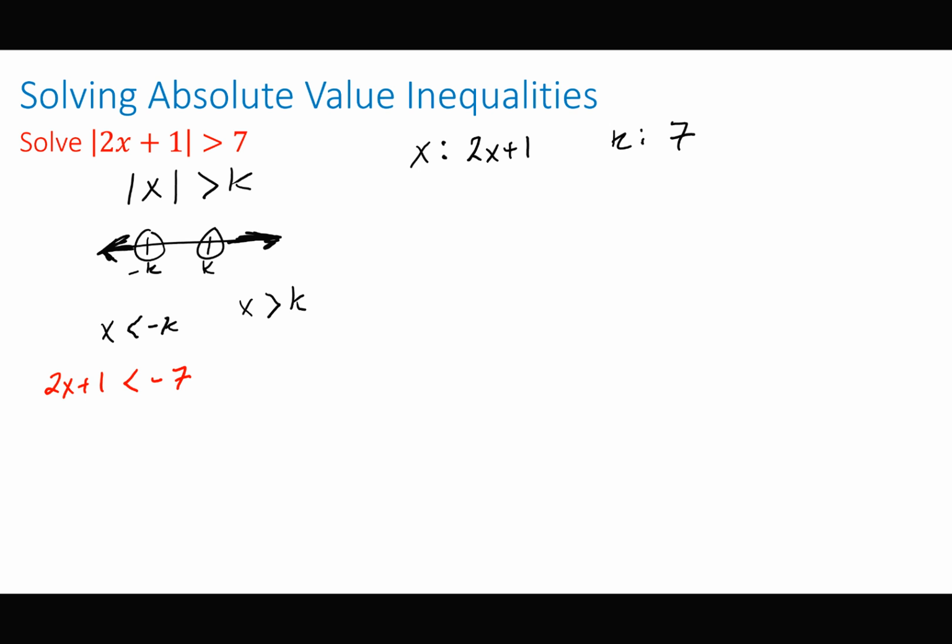Okay, and it becomes negative 7 because remember, we're going left of negative k. My k was 7, so it's actually less than negative 7. But then I also know that 2x plus 1 has to be greater than a positive 7. So there we've taken care of the absolute value stuff. Now we have an inequality that we can solve. Subtract 1. So 2x is less than a negative 8. Divide by 2. X is going to be less than negative 4.